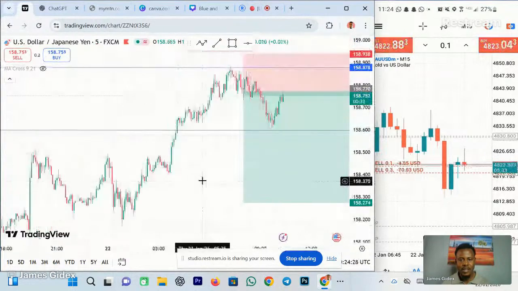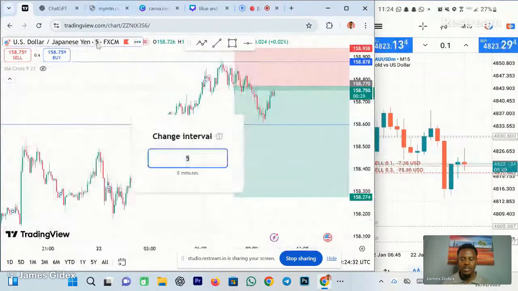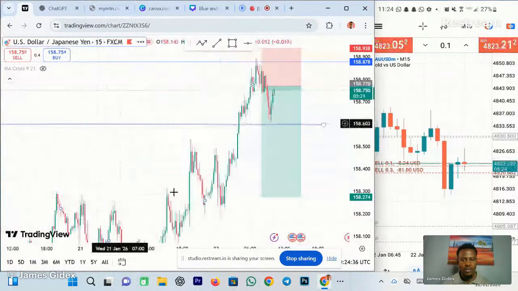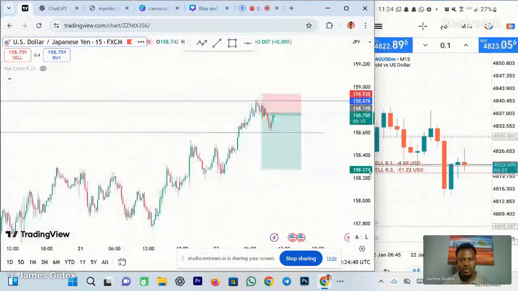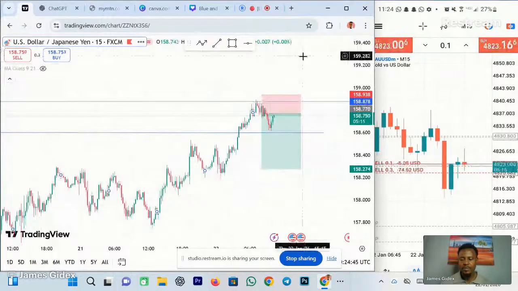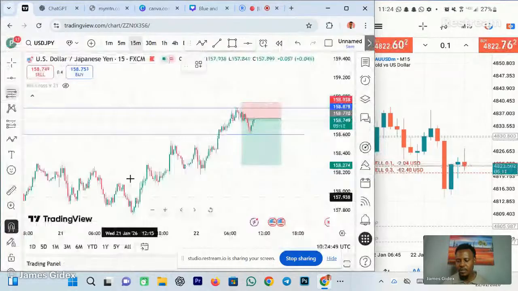All right, this is the 5 minutes time frame. Let's get back to our time frame. Let's get our Fibonacci retracement ready because we need to check out our zone. So swing low and swing high.